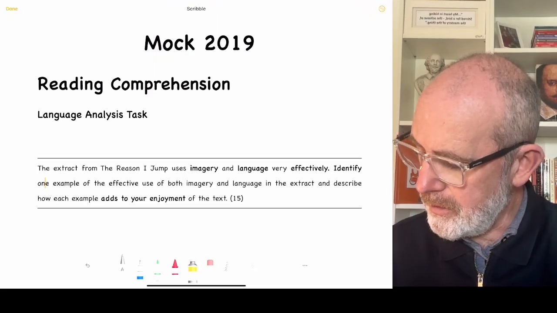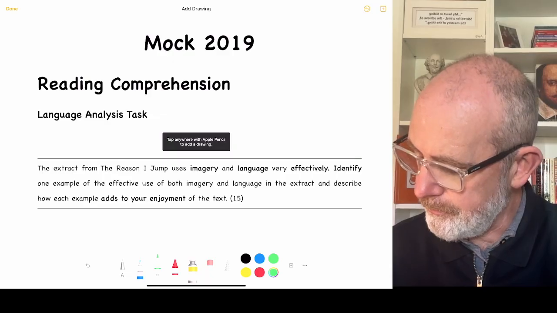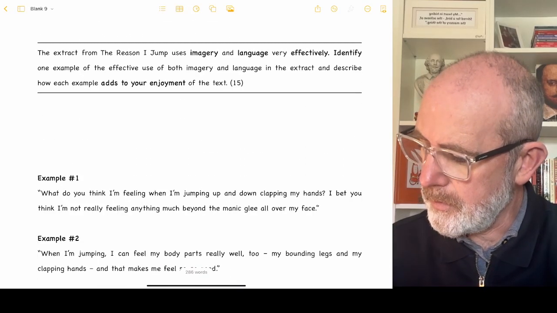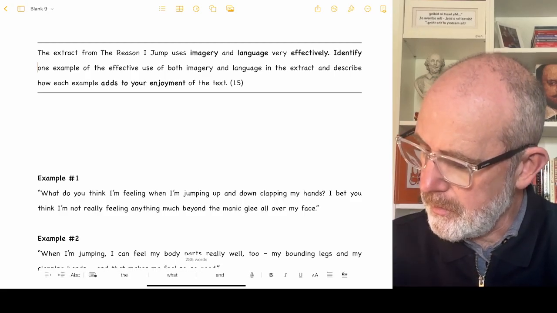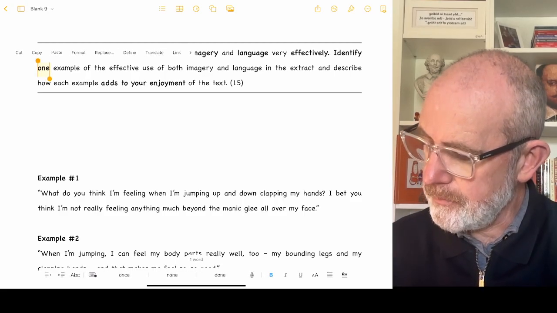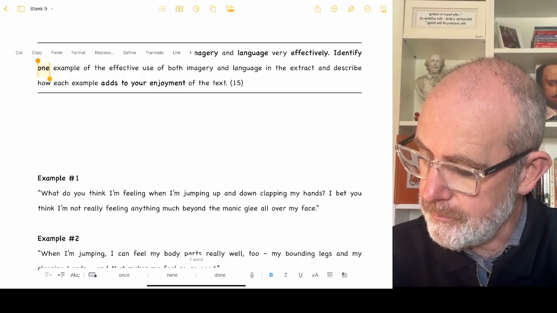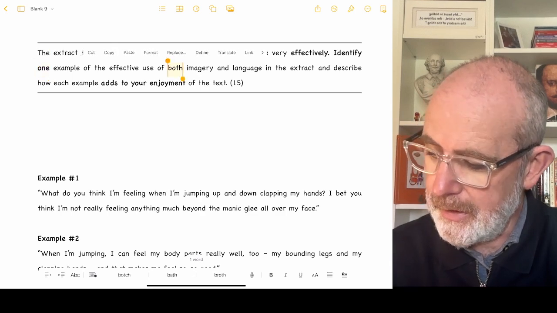Now, one thing that's really notable is the fact that it says one example for 15 marks. But it's one example of each of the effective use of both imagery and language.